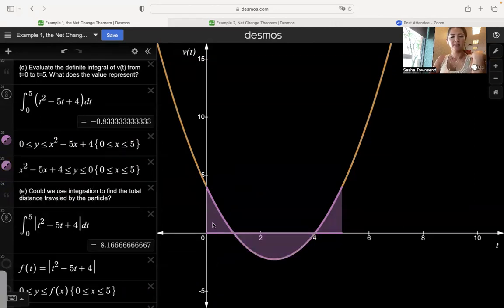So this is distance traveled in the positive direction from left to right, distance traveled in the negative direction from right to left, and then this is distance traveled in the positive direction from left to right. So we've got some distance here minus the distance that you went when you went backwards, and then plus the distance that you went when you went forward again.